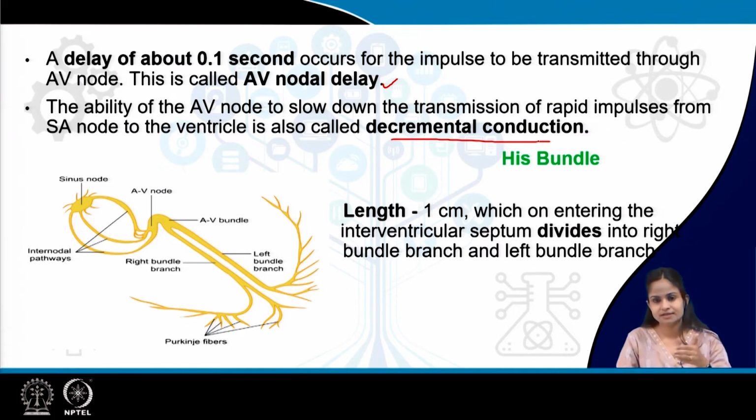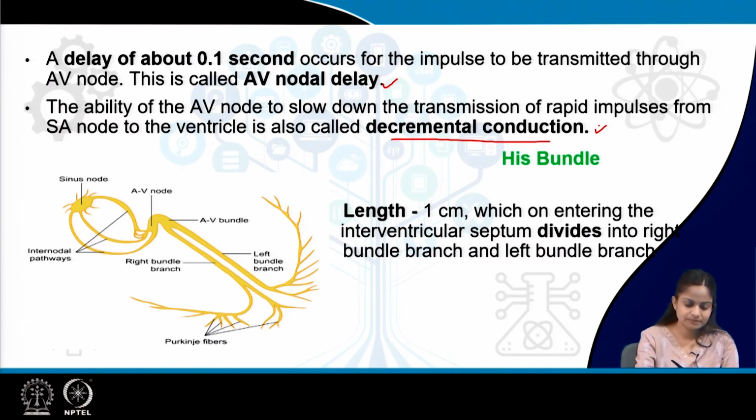So, our AV node is the gatekeeper at this time. It will slow down the electrical impulses, from 300 to approximately 100 to 150 beats per minute, and the person will have a heart rate of 100 to 150 beats per minute. So, decremental conduction is very important in slowing down the transmission of very rapid impulses from the SA node to the ventricles.